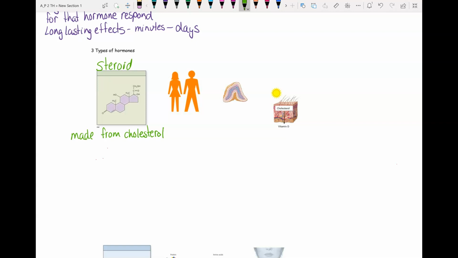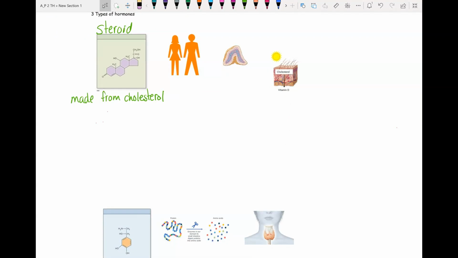Some of the cholesterol that you eat gets converted into your steroid hormones. And cholesterol, remember, is a lipid. So these steroid hormones are also a lipid. And lipids are hydrophobic, so they don't like to mix with water.